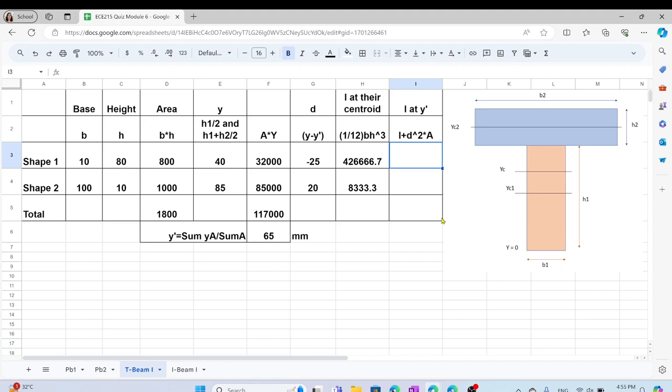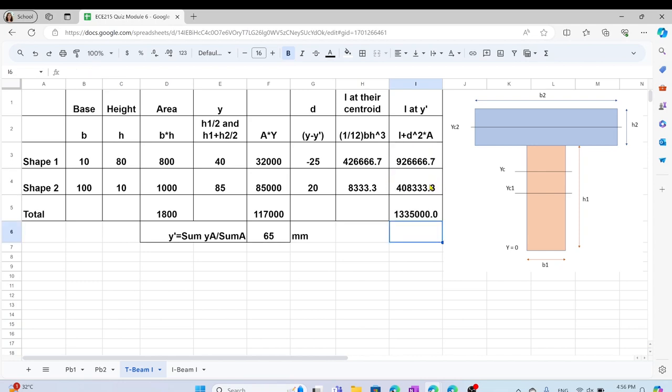And now the final calculation will be your theorem of parallel axes. So I will add the moment of inertia about their own centroid plus the distance squared times the area of each element. And yes, we can drag this formula. And the total moment of inertia of this shape equals the sum of this one and this one.